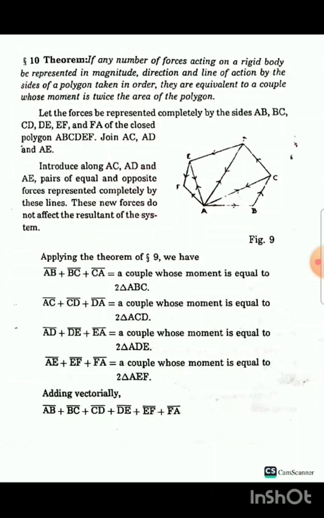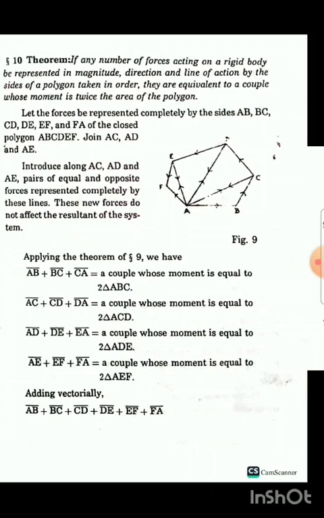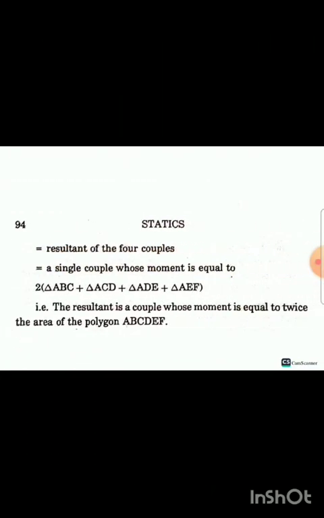Now adding these four cases, the left hand side is AB vector plus BC vector plus CD vector plus DE vector plus EF vector plus FA vector, which is equal to the resultant of the four couples.